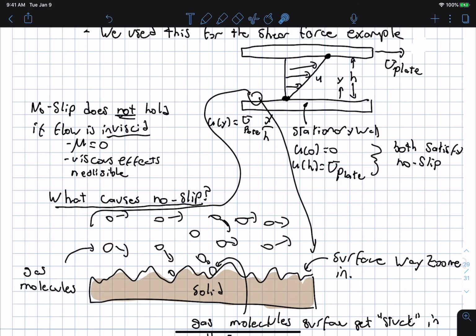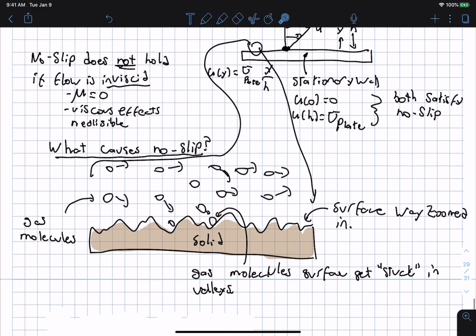So essentially, what this means is that the no slip condition is just caused by the interaction of a molecule with the sort of peaks and valleys of a surface at the molecular level, and you can't polish it.